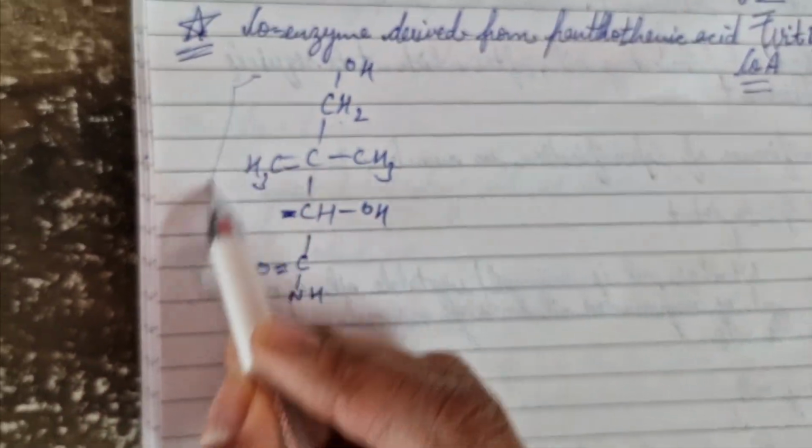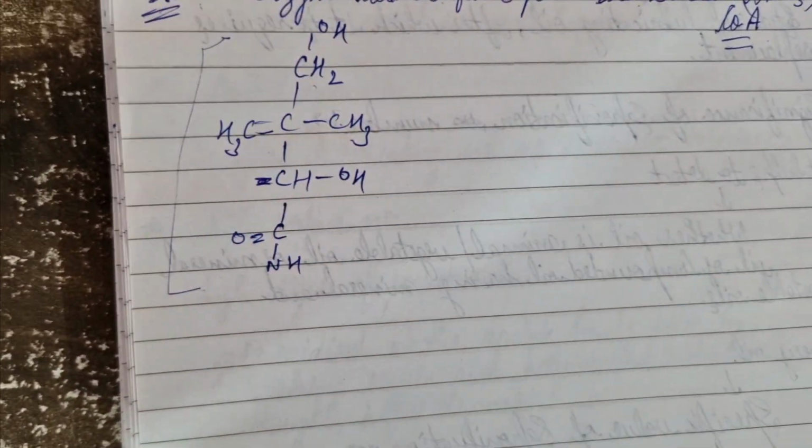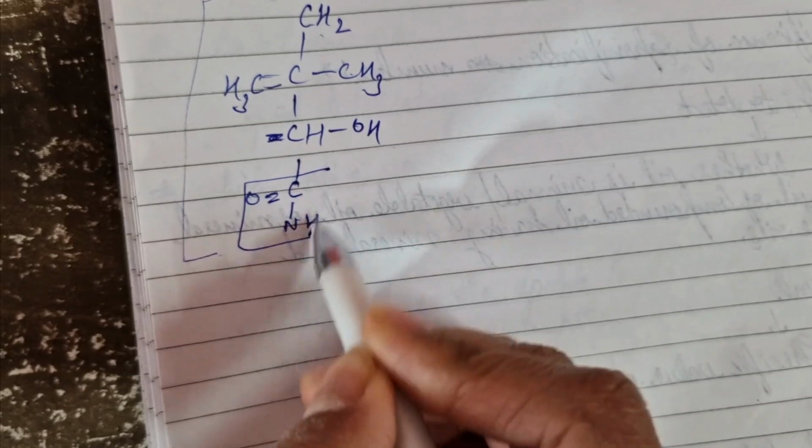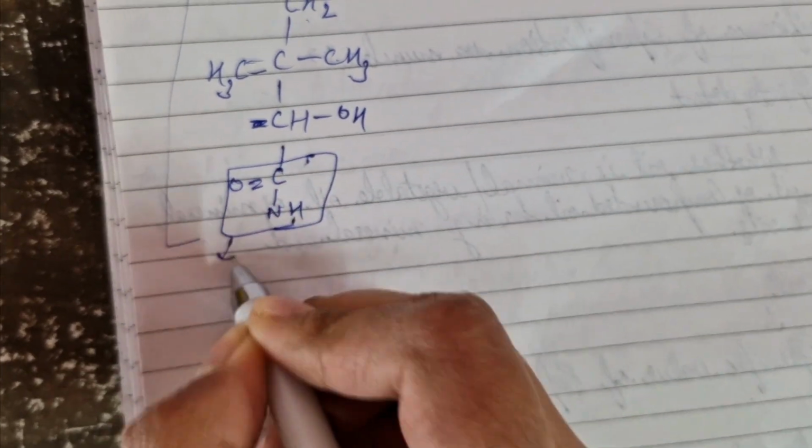So this is the structure of pantothenic acid, and here this is the peptide linkage.